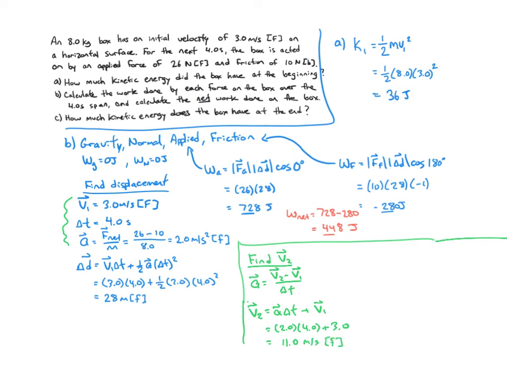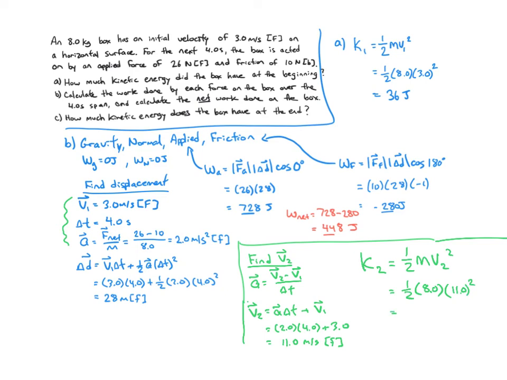So that's the speed I'm going to use when I calculate my final kinetic energy, which I'm going to call K2 for final. So it's half m v2 squared. It's half, the mass is 8, and I just calculated my final speed to be 11.0.